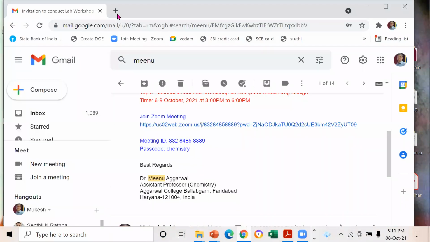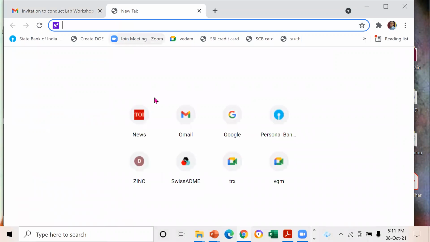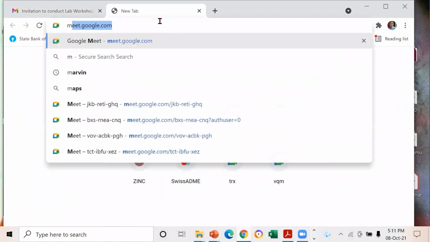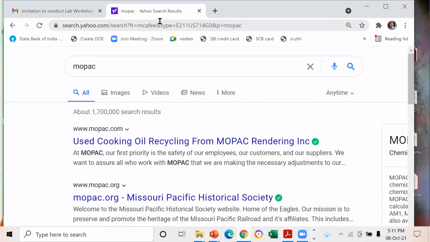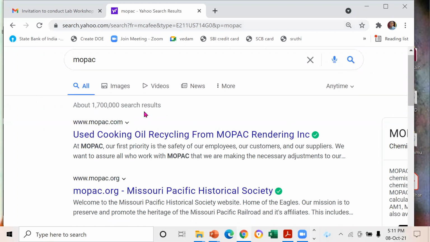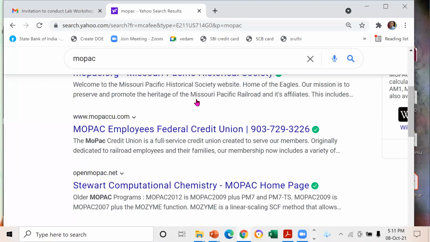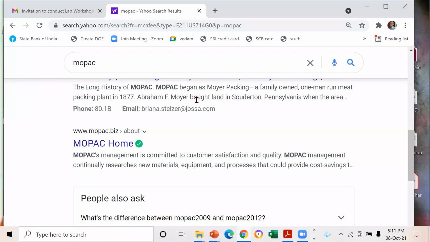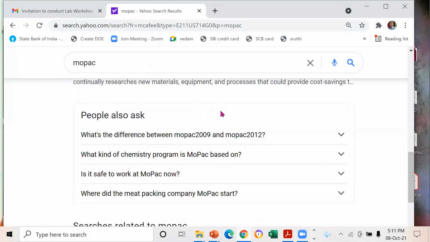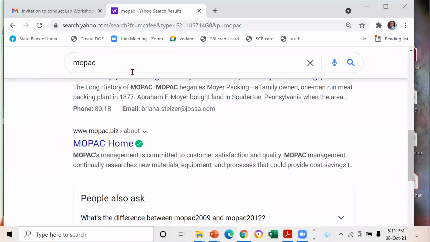One of the oldest software systems. Marvin calculates the minimum energy based on force field, whereas MOPAC calculates based on semi-empirical quantum mechanic theory.